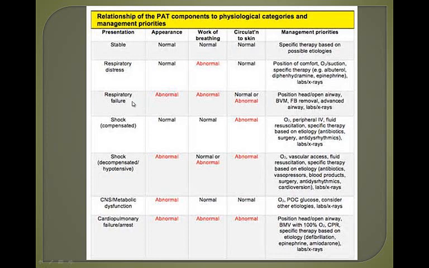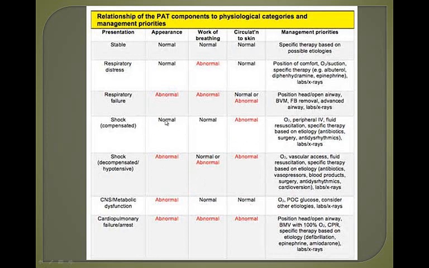If you have a child that has an abnormal work of breathing, an abnormal appearance, and a normal or abnormal circulation, you have a patient in respiratory failure, decompensated shock, or cardiopulmonary failure or arrest, and so forth.